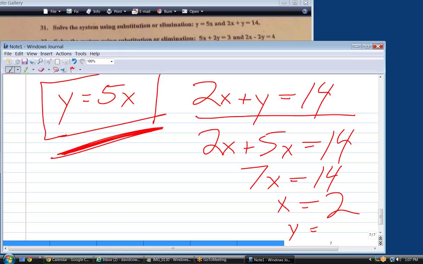I'd say to the left. Okay, so do that one. What's y equal to? Y is equal to 10. That's it. Always choose the easiest equation to solve for that second variable. And whenever you've used substitution, the easiest one is always going to be the one that was fully defined from the beginning.